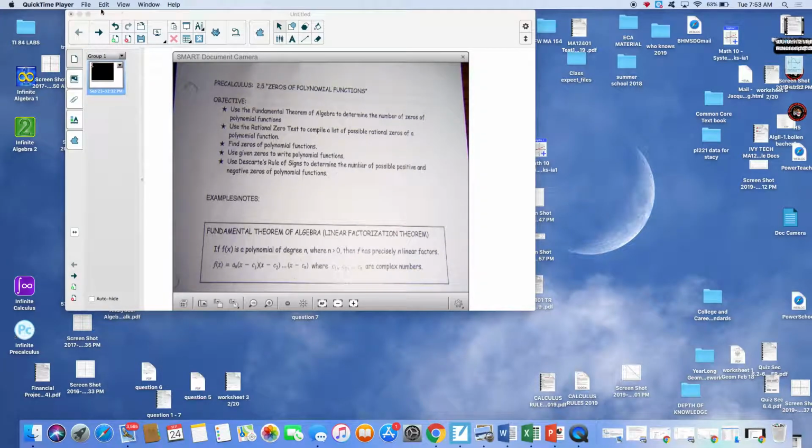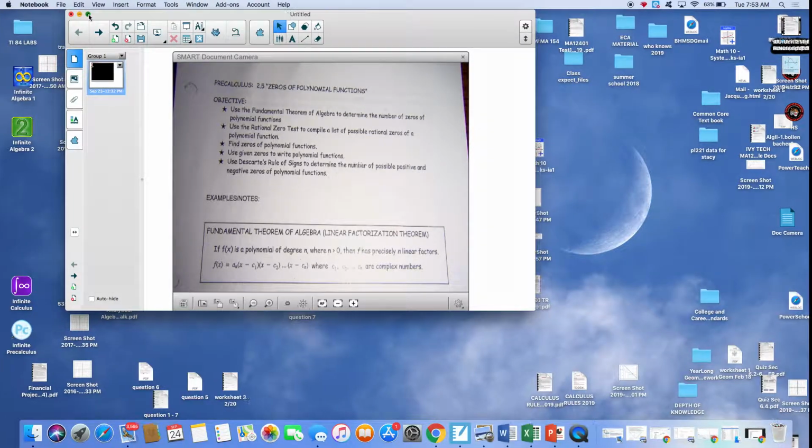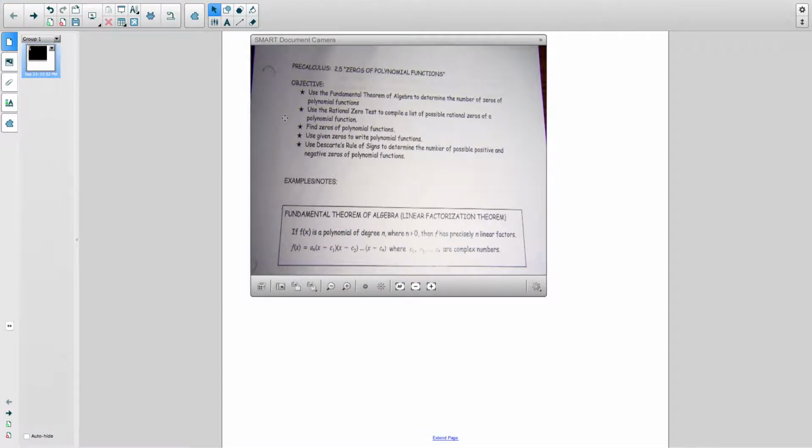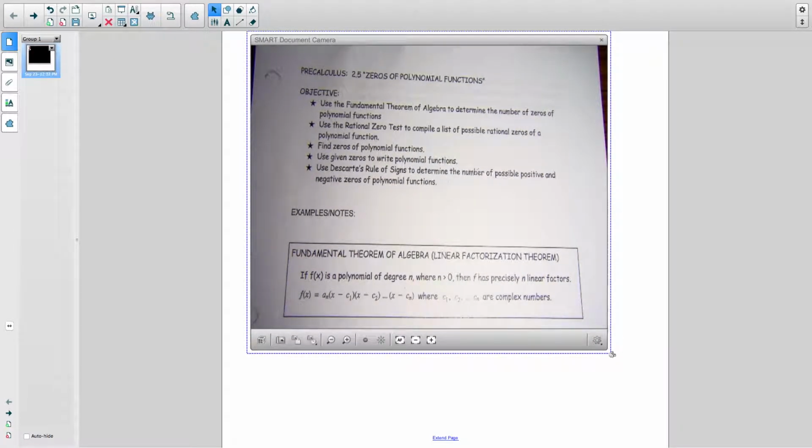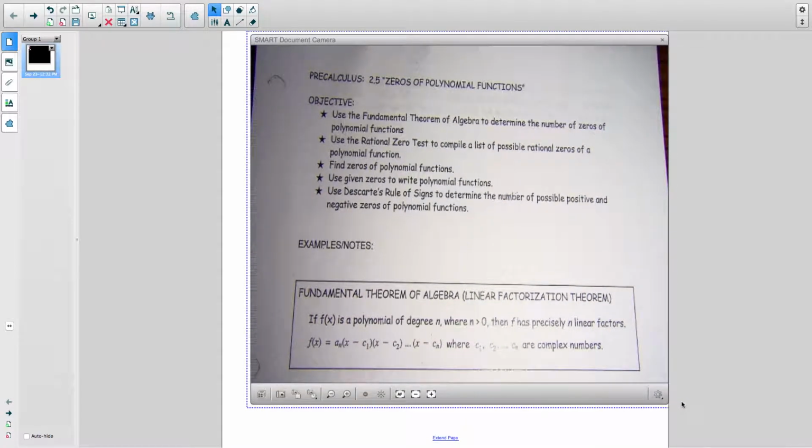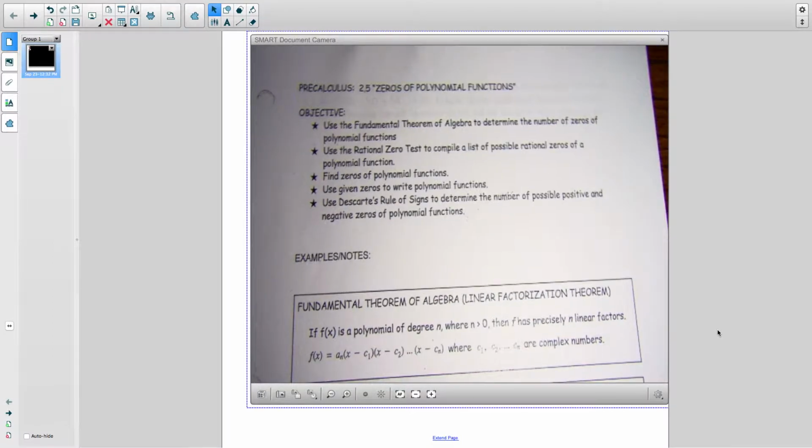All right, today we're going to be doing 2.5. We're going to be looking at finding the zeros of a function.